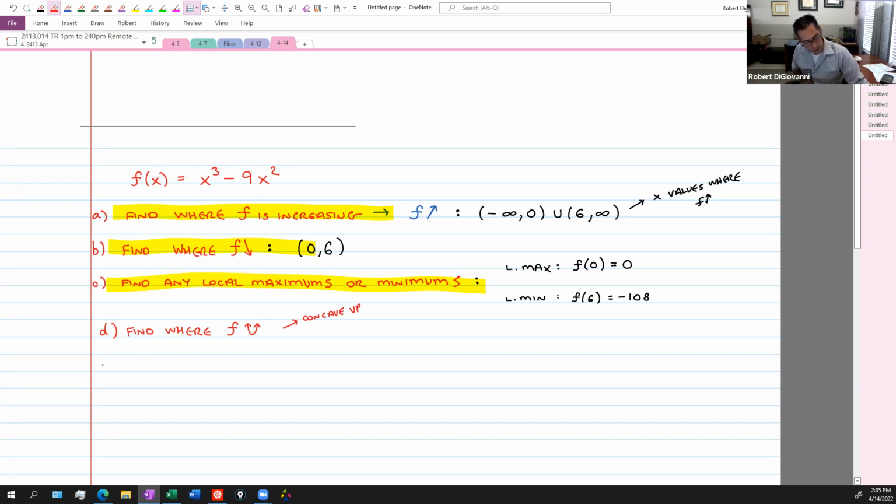And then part E, I want you to find where the original function f is concave down. And then part F, find any inflection points.